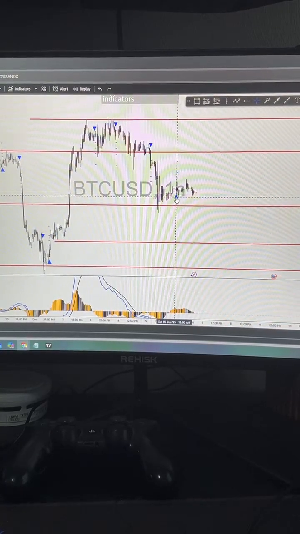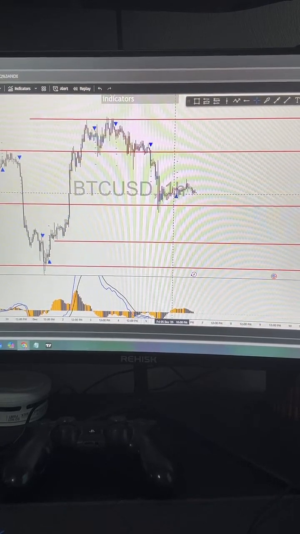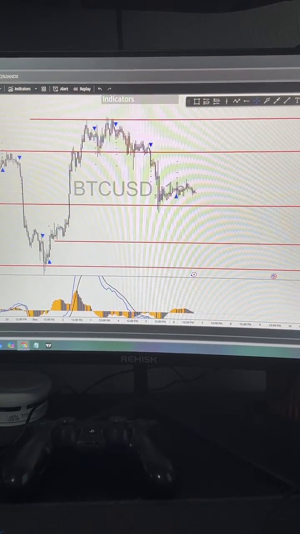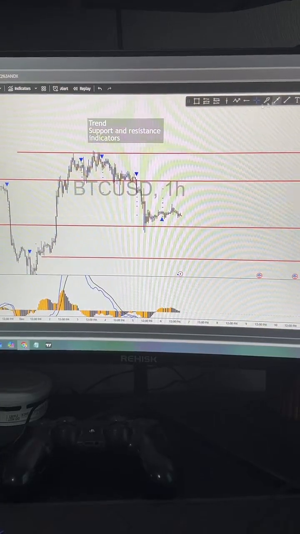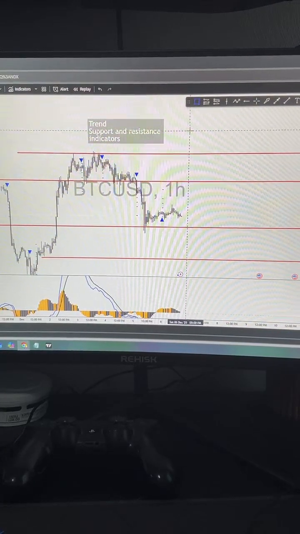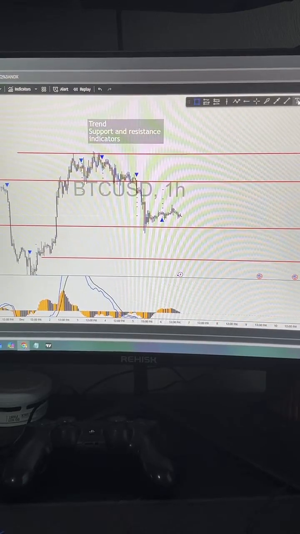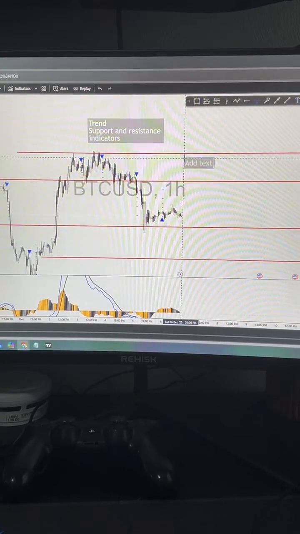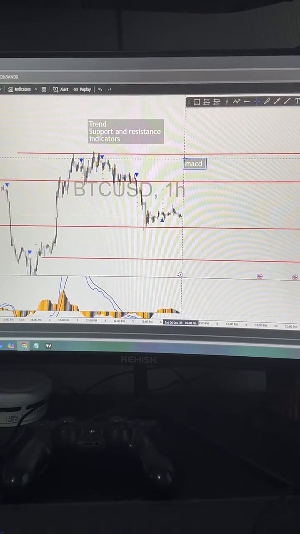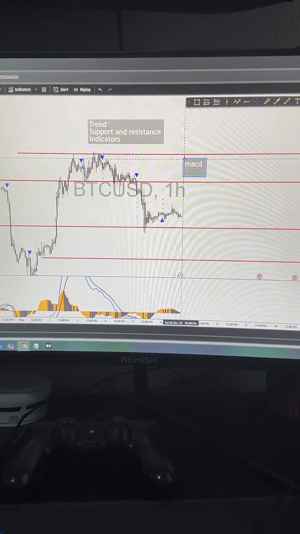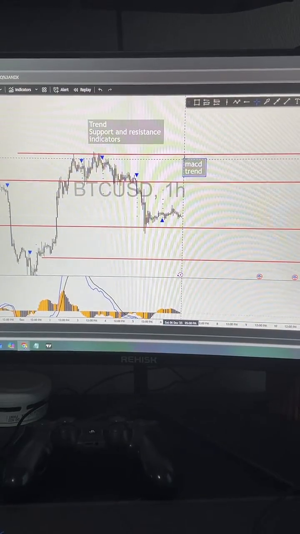This is a buy signal right here, but I would be careful with that, because before I said that there are the things that we need to watch when it comes to the indicator. One, we want the MACD to have a cross. Two, we want it to be in the direction of the trend.